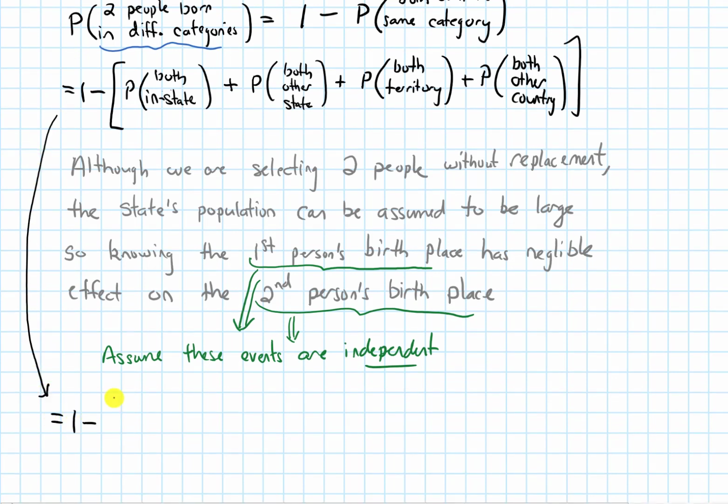So we have 1 minus, and for the probability that both were born in state, let's think about the first person, and then the second person. For the first person, the problem said the probability that they were born in state was 23%. Writing that as a decimal, it's 0.23. Because we're assuming they're independent, I get to use the exact same probability for the second person.